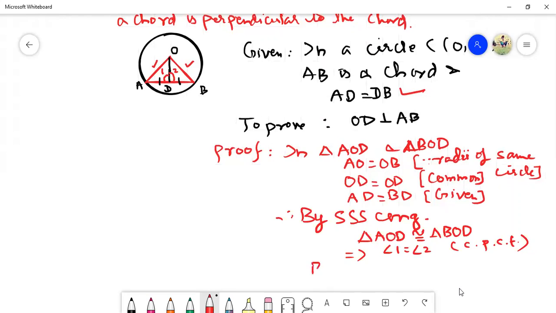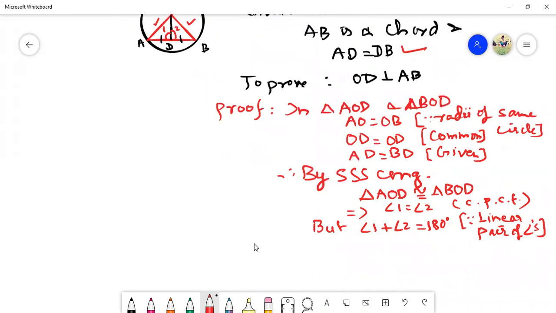But angle 1 plus angle 2 is equal to 180 degree. Why? Because they are a linear pair of angles. Linear pair means on a straight line two angles you make, they are called linear pair.